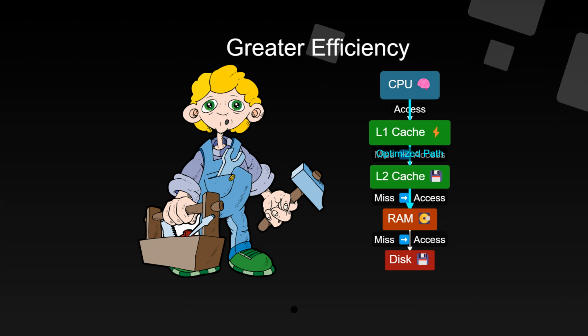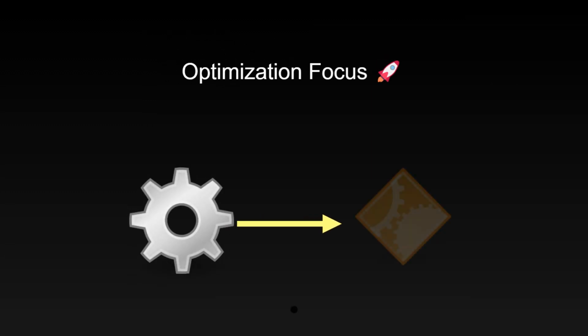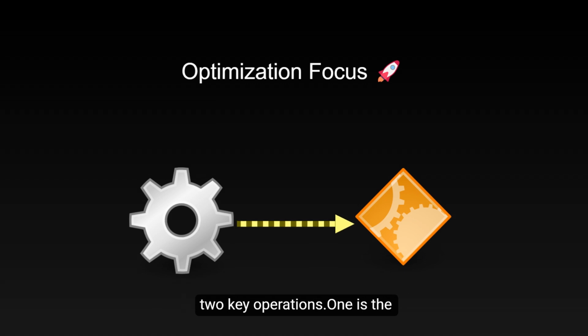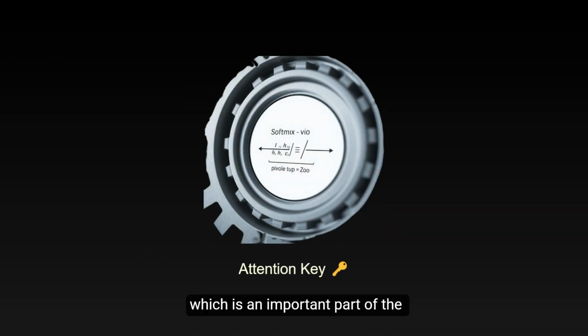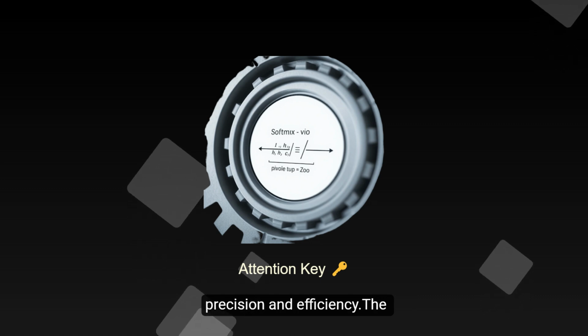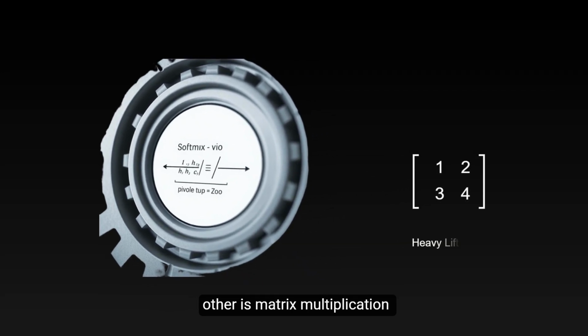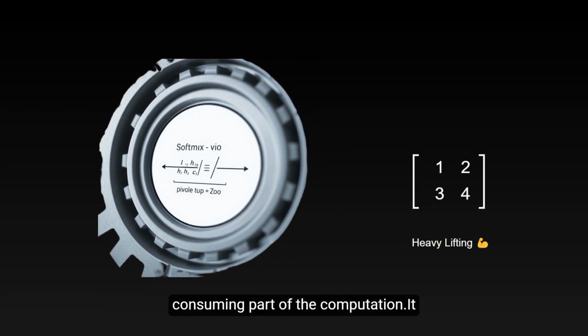In terms of computational optimization, the project focused on optimizing two key operations. Point one is the softmax operation, which is an important part of the attention mechanism and requires precision and efficiency. The other is matrix multiplication, which is the most time-consuming part of the computation.